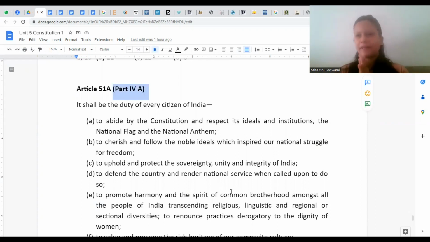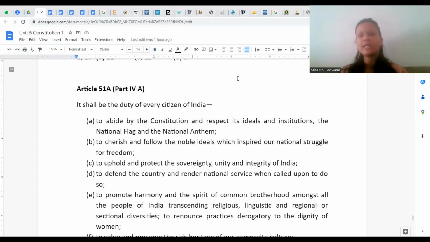Now, when we talk about fundamental rights, are they applicable to citizens or to all? What do you think? Fundamental rights, Part 3. Applicable to everyone, irrespective of citizenship? All the rights? That I'm not sure. Some of these are applicable only to citizens.